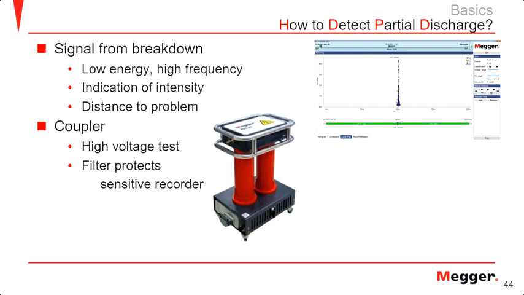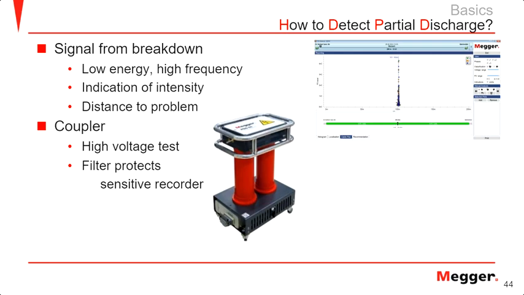So how to detect partial discharge? You will have your signal of breakdown from your partial discharge. Like let's say in the picture above here, you have your cable constructed, you have your splice in the middle here, and all these dots here typically relate to the partial discharge that is happening within that splice.